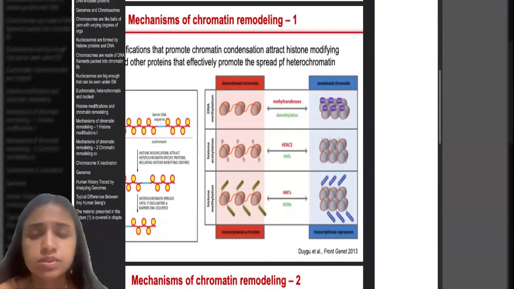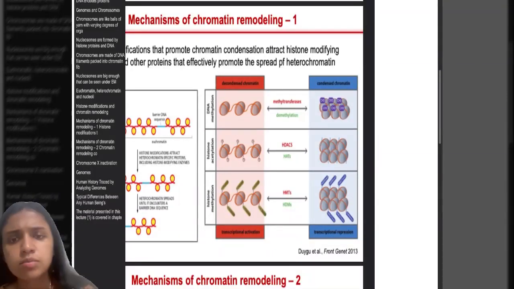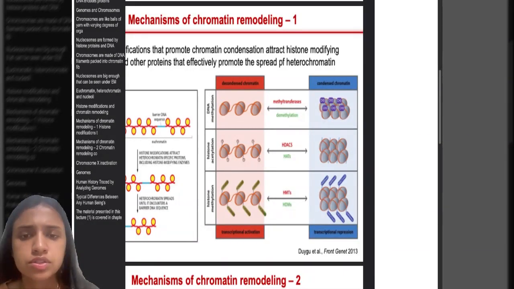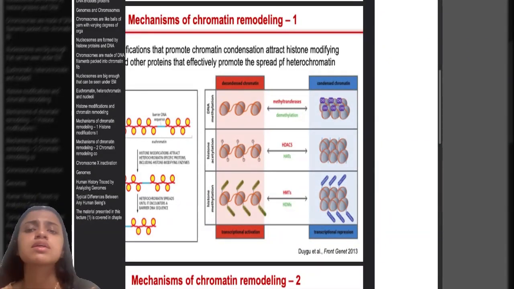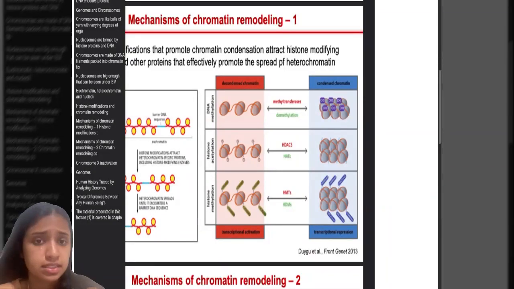Honestly, I'm not really sure what's going on here, particularly, because they're talking about decondensed chromatin and then transcriptional activation. So you have this decondensed chromatin, DNA methyltransferases are making it into condensed chromatin, and demethylation is making it into decondensed. That kind of makes sense.